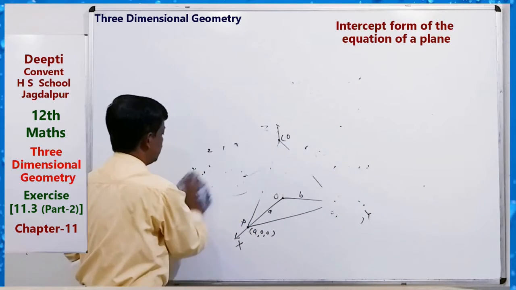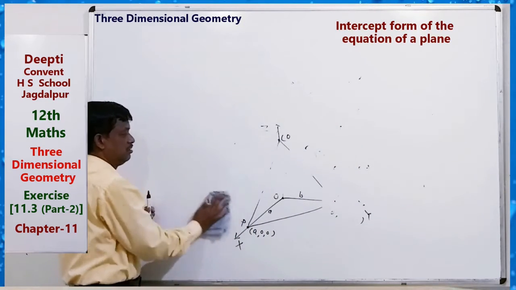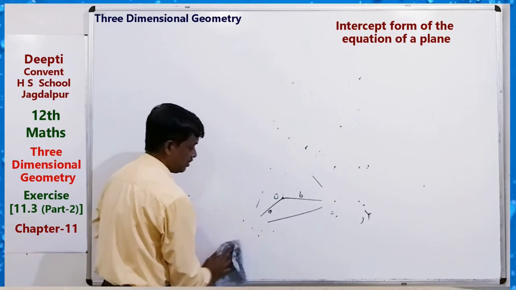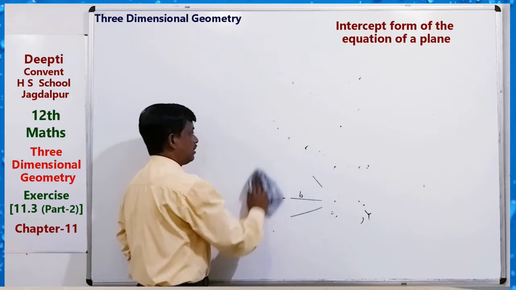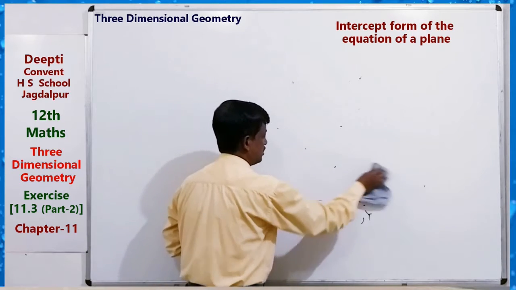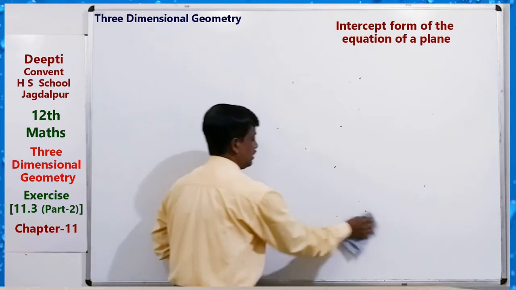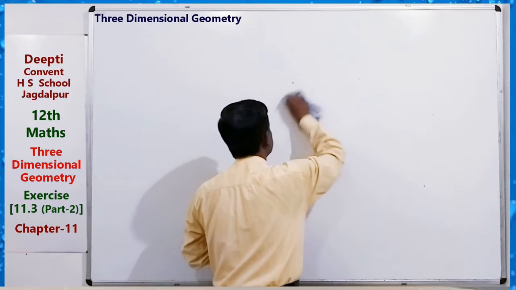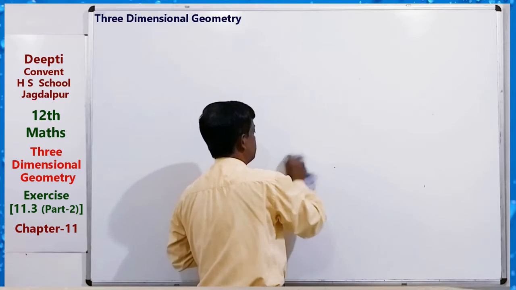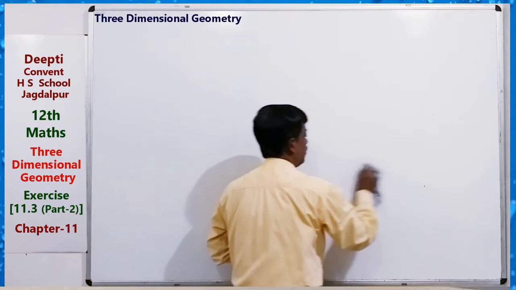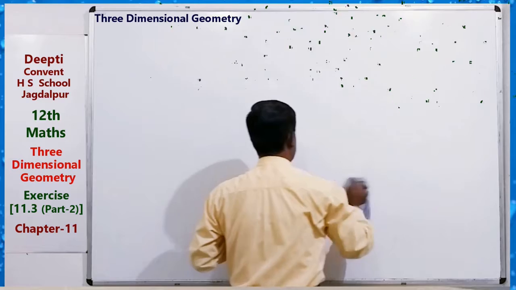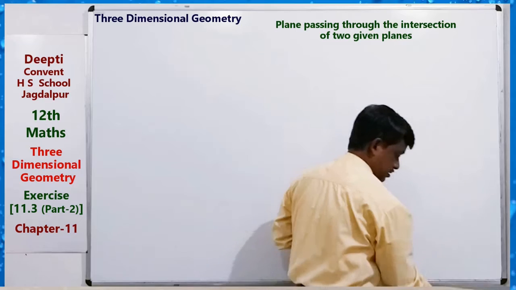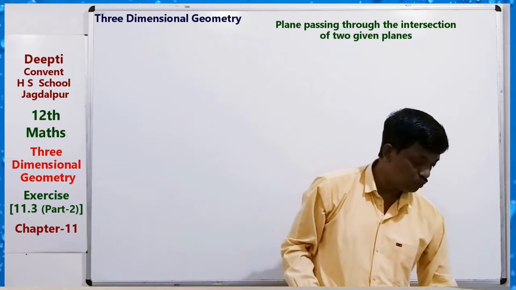Both forms, vector and Cartesian, will go on simultaneously, just like vector r means xi plus yj plus zk, and in Cartesian, the point xyz. For the intercept form, we write only the Cartesian form. Now suppose we have two planes.